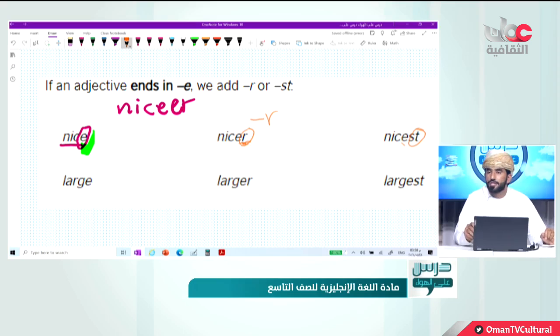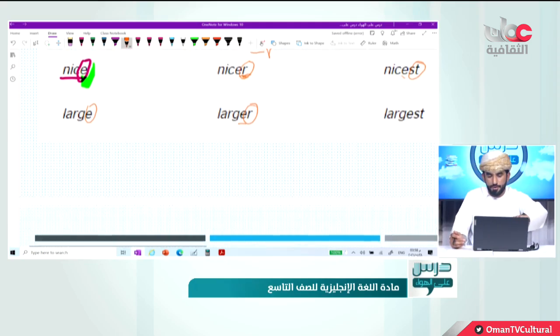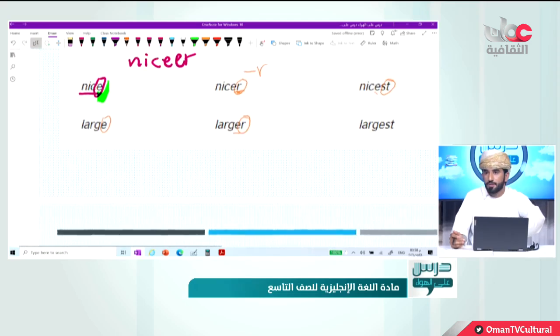Larger and largest. Right? Large, the E is a part of the adjective and it is only one syllable. And then we add only R because the E is already there in the adjective, and ST because the E is already there in the adjective. Okay? So in general, briefly, we don't repeat. Very nice. Have you got it? Very good.